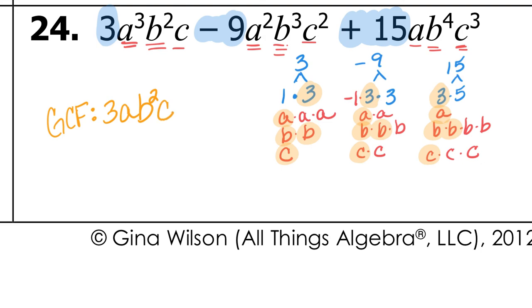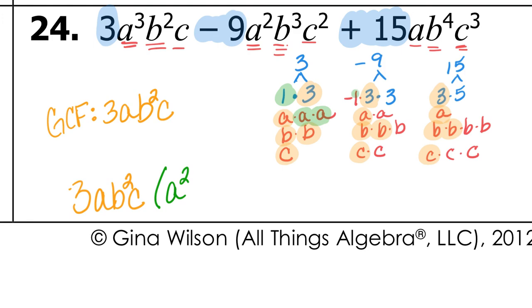Some terms have more, but they all have at least one in common. So my greatest common factor is 3AB squared C. And then my second factor is everything left over. So I have a 1, an A, and an A. So that leaves me 1A squared.